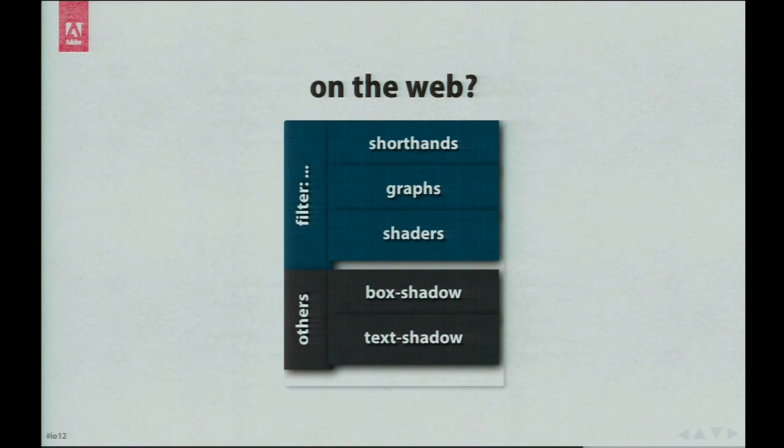There are some filter effects that are very common that you might want to use. And instead of repeating the same filter graph over and over again, the specification provides the shorthands for those. And then the third way is custom filters or shaders, which give you the full power and full access to the power of the GPU. It's a new proposal. It's being standardized right now, and this is what does the GPU accelerated waving effect that we saw.